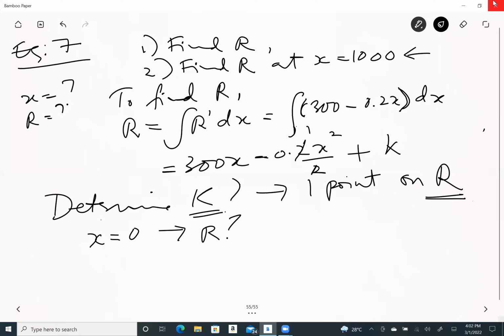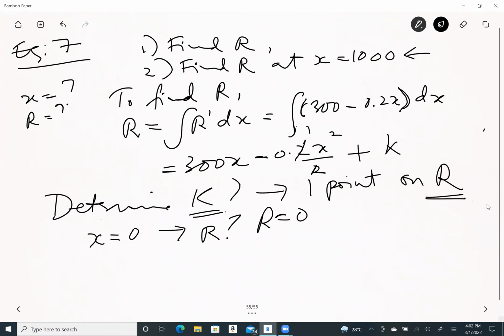You sell 0 output. So what is the revenue that you earn? You don't sell any output. You sell 0. So what is your revenue? 0. Okay? Because that is the simplest point. R is 0. So this one everybody knows.